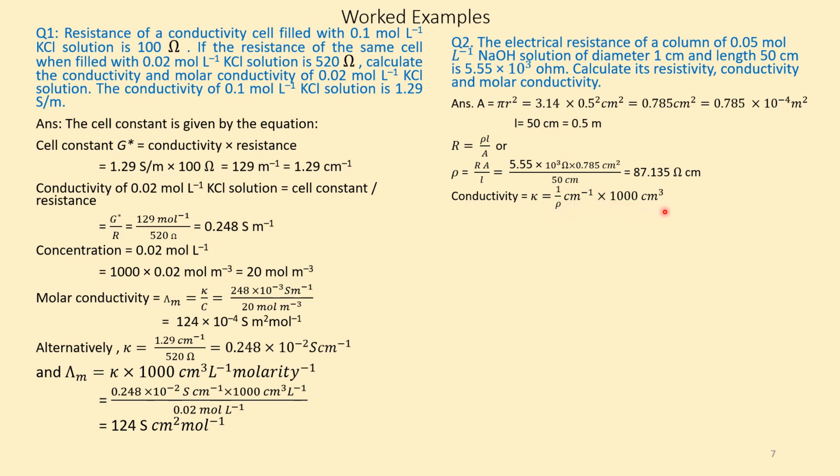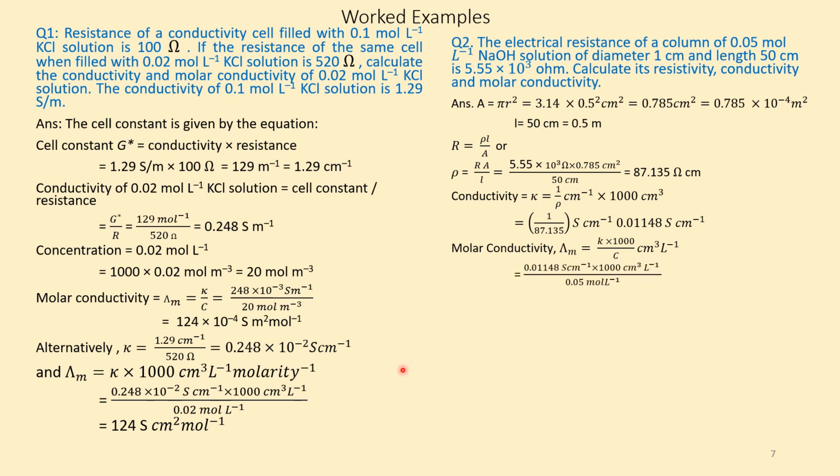So therefore conductivity, kappa, is given by 1 over rho by definition, 1 over rho per centimeter, that is equal to 1 divided by 87.135 Siemens per centimeter, or 0.01148 Siemens per centimeter. So this is simplifying. So molar conductivity by definition, lambda m is equal to kappa into 1000 divided by concentration, centimeter cube per liter.